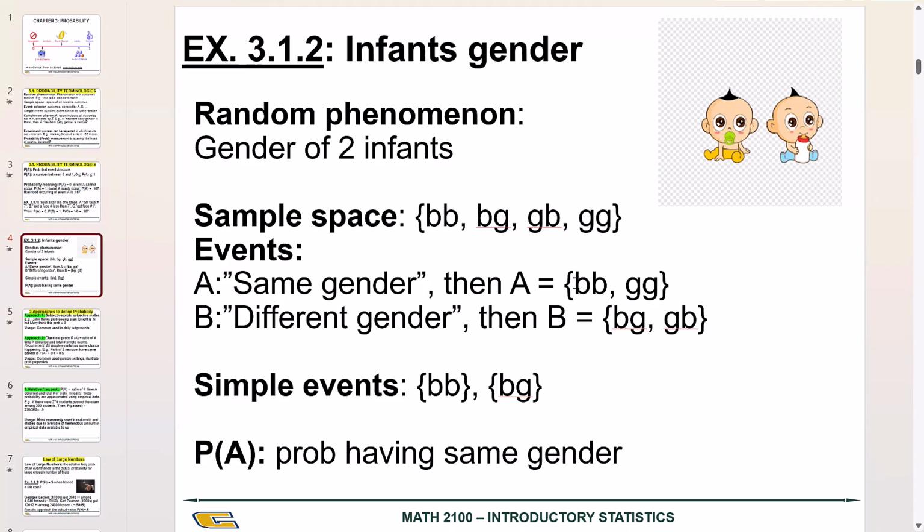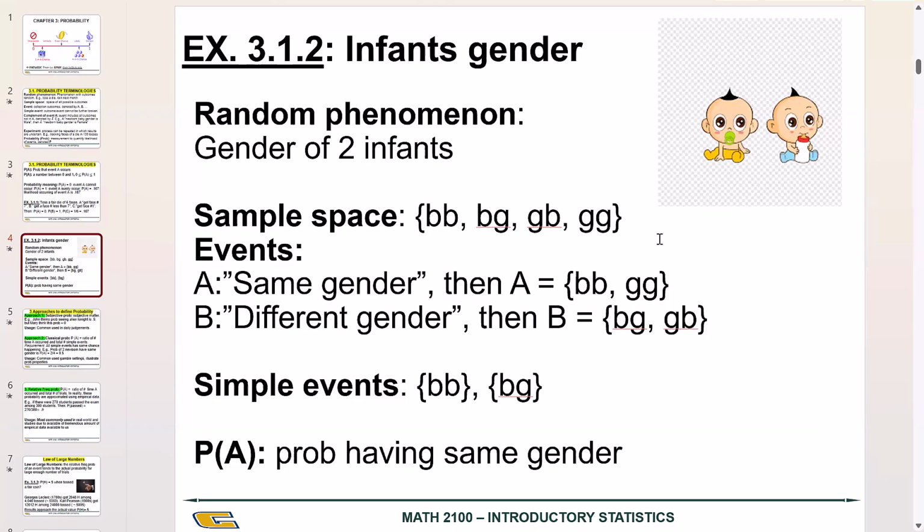And the same gender is boy boy, girl girl. So if we assume that all these outcomes occur with the same chance, which means you assume that the gender of a newborn baby, boy or girl, is 50-50.